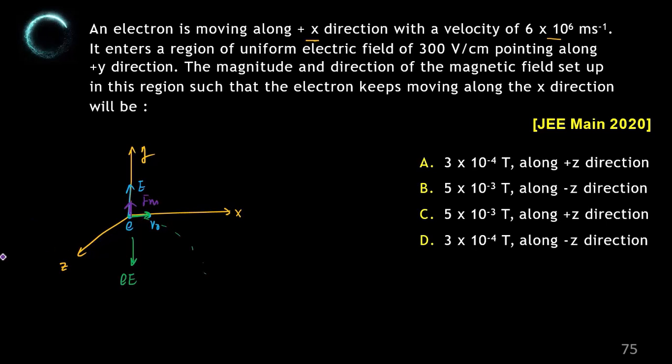Now how to put that magnetic force upward? Place your palm upward. Stretch the fingers along V0. Place your palm upward. Stretch the thumb toward the V0. Then the finger is crossed. There is a force on the positive charge that way, but that means the magnetic field should be reversed.